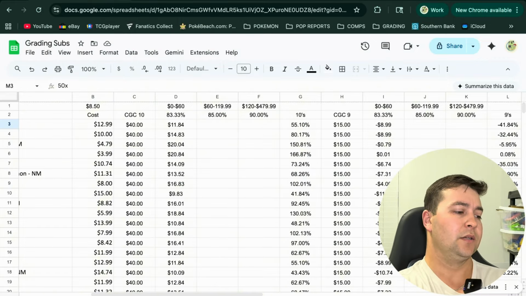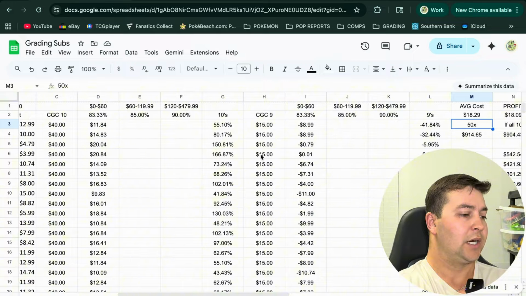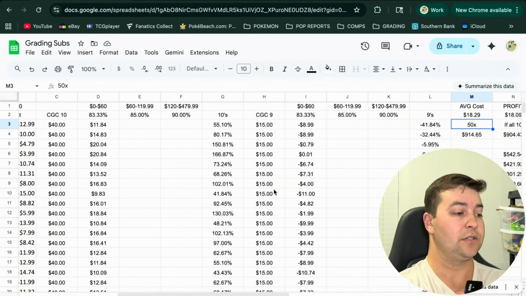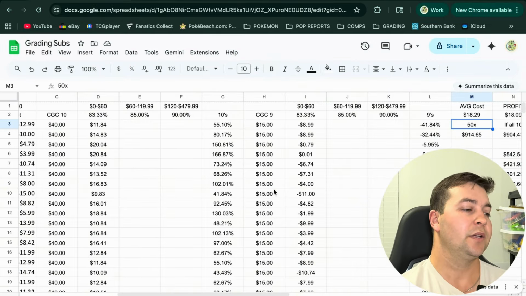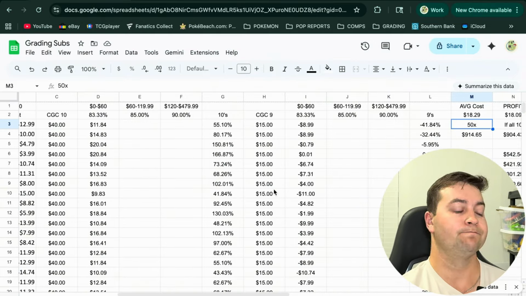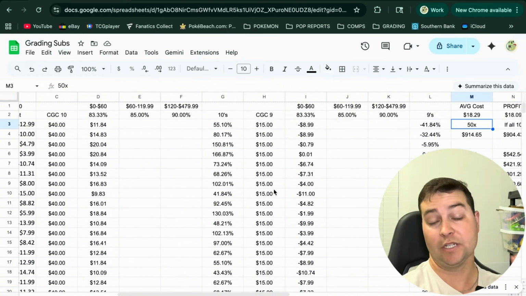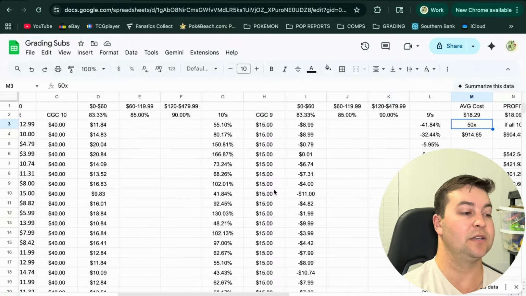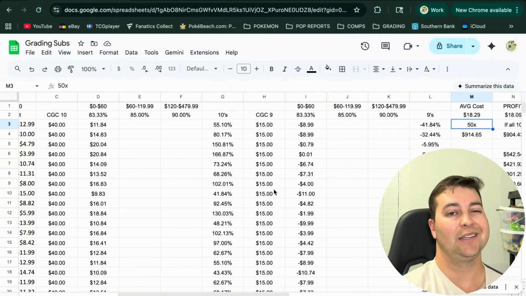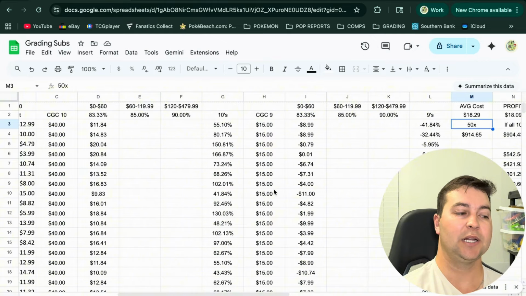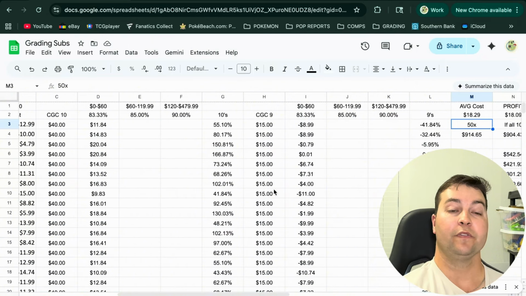And I don't know if this is conservative or not for CGC 9s on these cards, but I'm assuming that they would sell anywhere from $10 to $15. So I assumed 15, and I kind of feel like that might be a little bit high, but I think $15 is still a good number to be at because, if you try to grade with CGC yourself, you are paying $14.